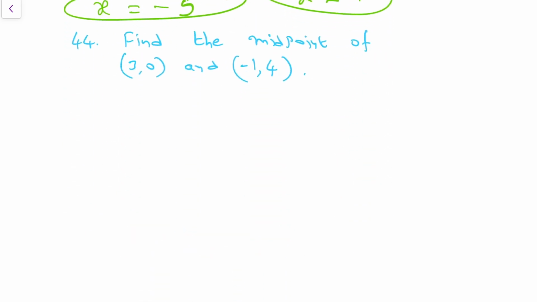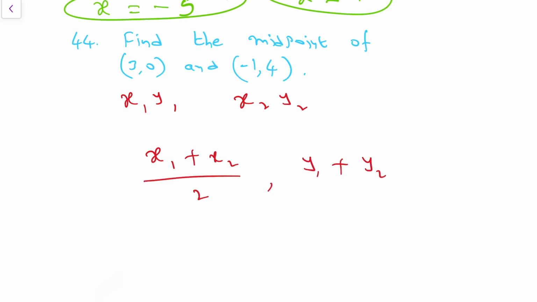Next one, find the midpoint of the line segment joining the points (3, 0) and (minus 1, 4). So take this one as x1 y1 and this one as x2 y2. So what is the formula for finding the midpoint of a line segment? (x1 plus x2) by 2 comma (y1 plus y2) by 2.